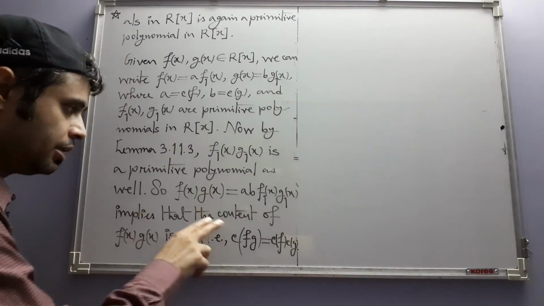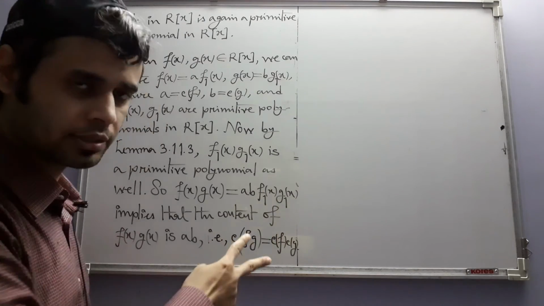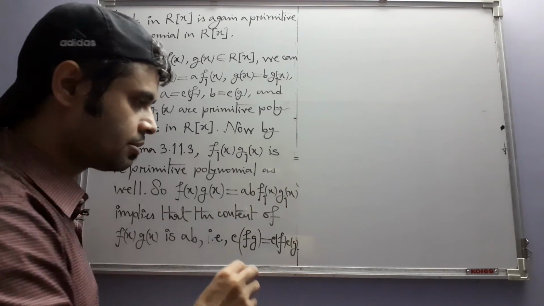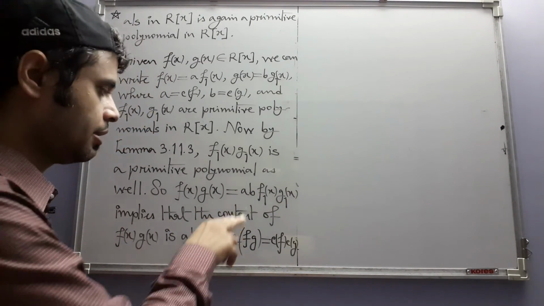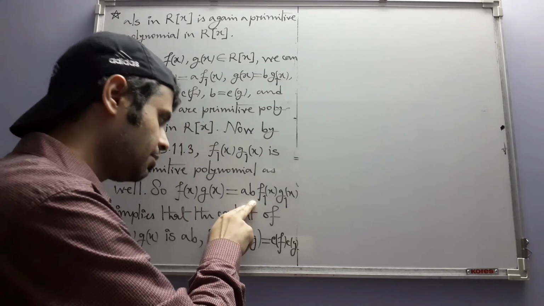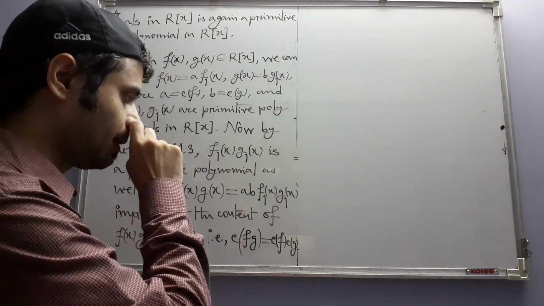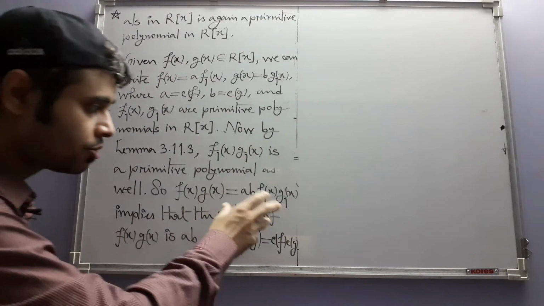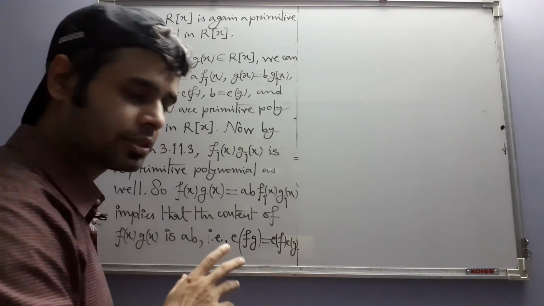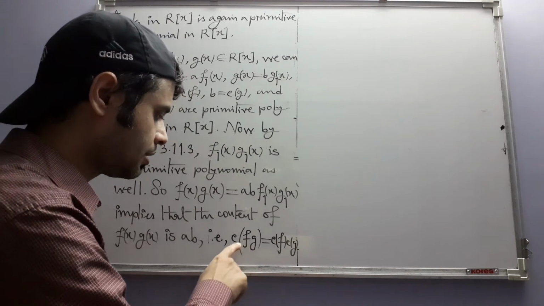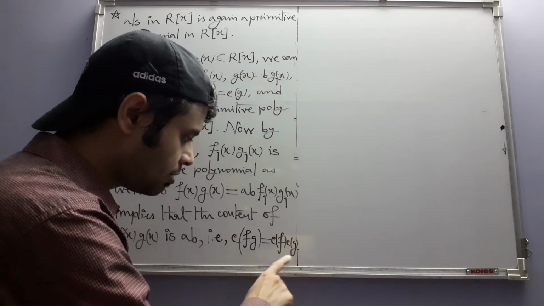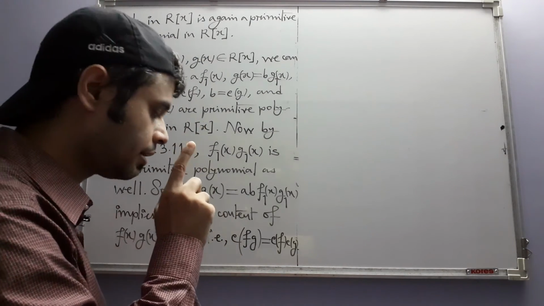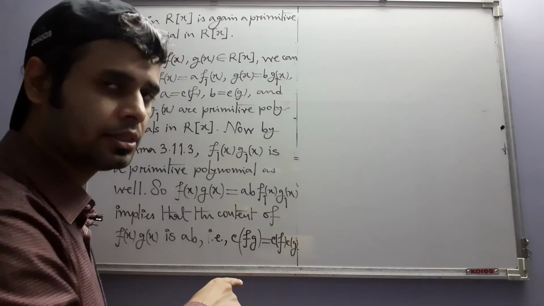Note that the uniqueness of this type of factorization is not absolute. This will be the content, and this will be the primitive polynomial, up to associates, up to multiplication by units. So you have to understand that this equation is not literally an equation in the ordinary sense.